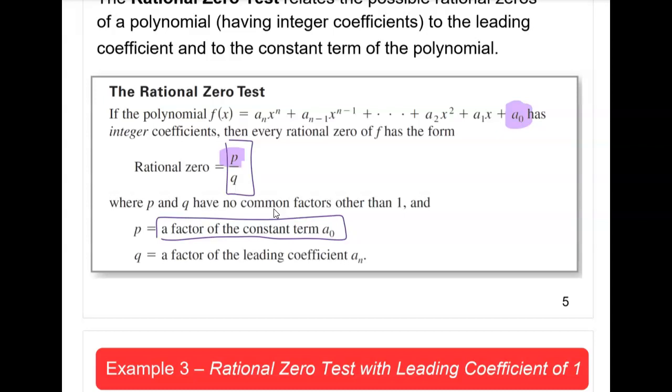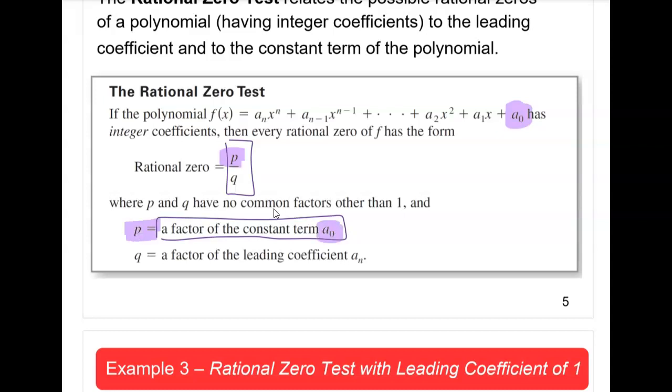If that constant term is a 2, the factors will be 1 and 2, but also they could be negative 1 and negative 2. Now, if that constant term was like a 6, then we will have several factors: 1, 2, 3, and 6. So that's how we're going to work the problem out.